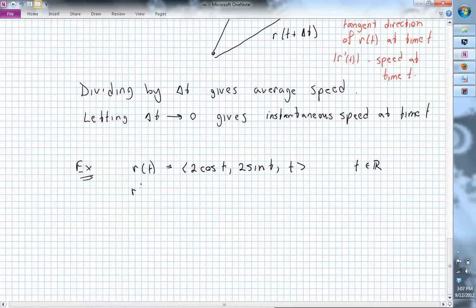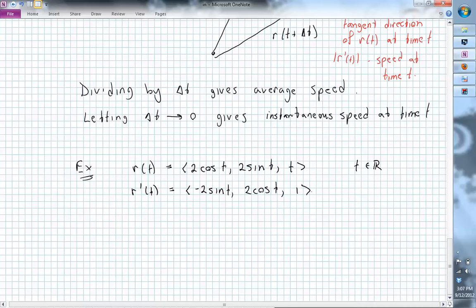R prime of t. How did I say that we should calculate r prime? Component by component. So r prime of t looks like that. What is the significance of that vector?